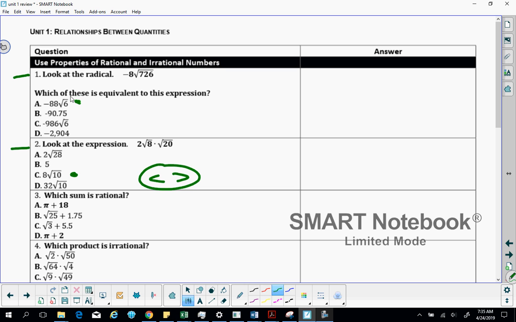Type each of these in and figure out which one would be rational, which means a decimal that's terminating, which means it stops. Like 2.75 would be a terminating decimal. If it goes on all the way to the edge of your calculator, you know it's a non. So which one do you think would be rational?